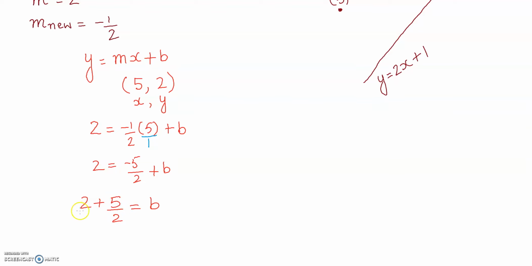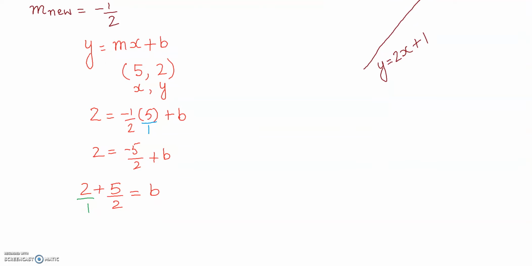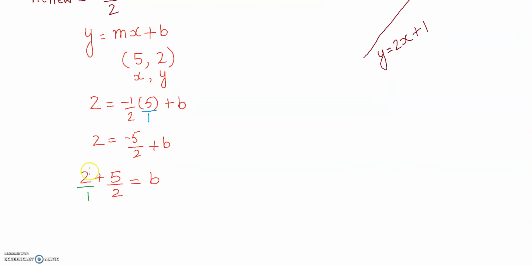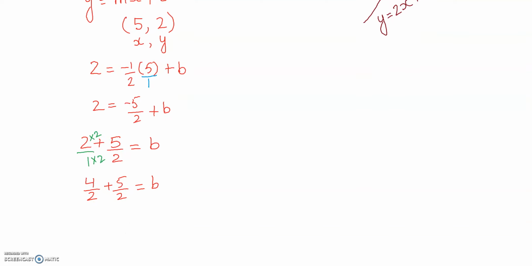Now I can take the LCM or the LCD. It's 2. So I can multiply this by 2, this by 2. It will be 2 times 2 is 4 over 2 plus 5 over 2 equals b. And we can add 4 and 5, which is 9 over 2 equals b. So we got the y-intercept.